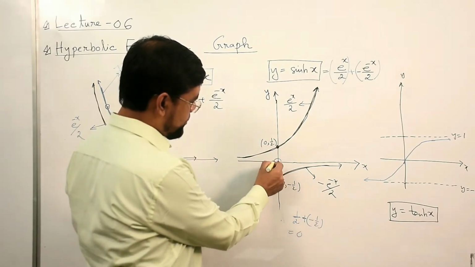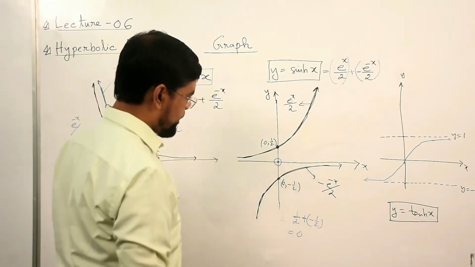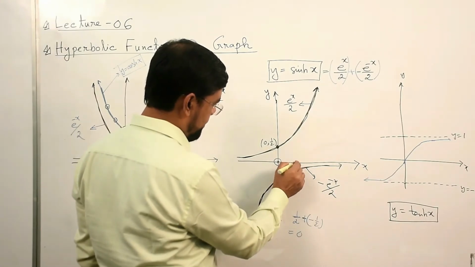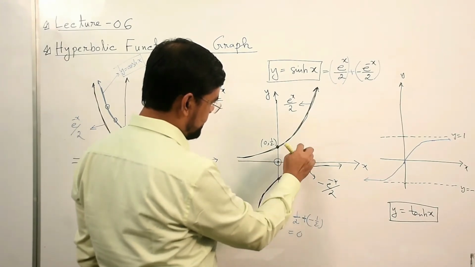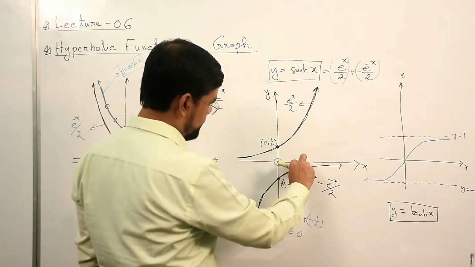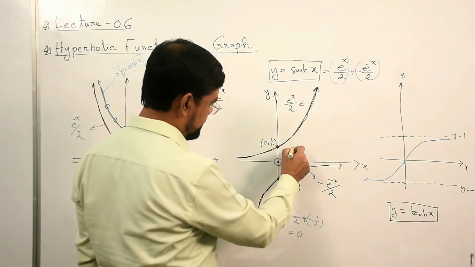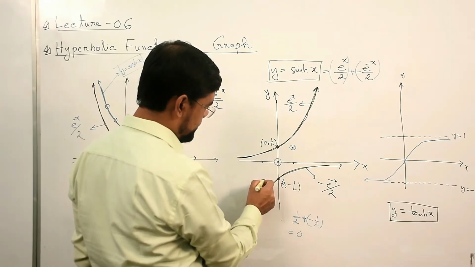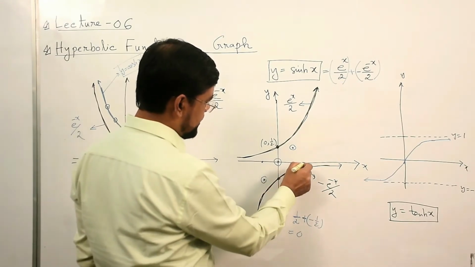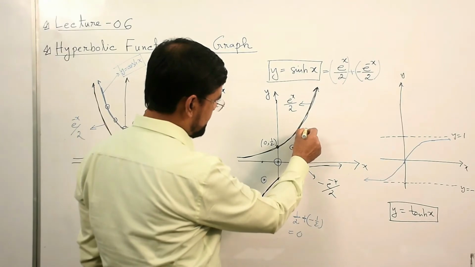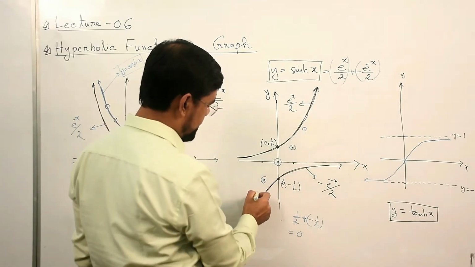When x equals 0, you have a point here, and when x is somewhere like here, then you have, for example, 3/4 and 1/4, so it should be half, and for a distance like this it will be negative half, and then for this one it will be just like here, maybe here.